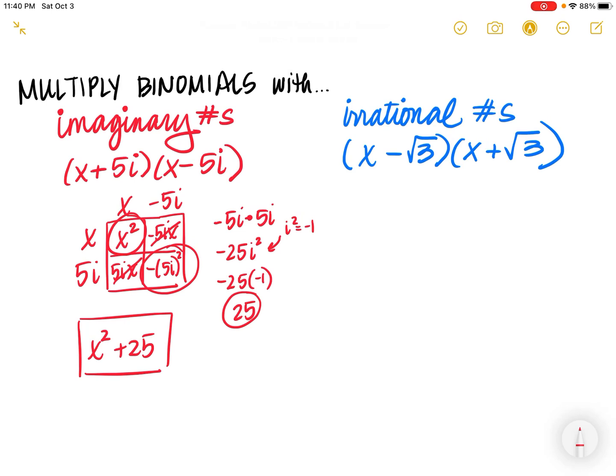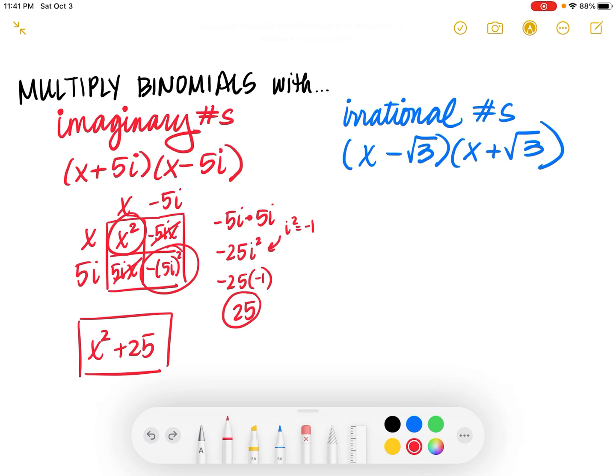So what I want you to notice is that the center term is completely canceling out. The first term, x squared, the last term, 25, is really like our pattern of difference of squares. But because we had this plus sign here in the middle, we ended up with imaginary factors.